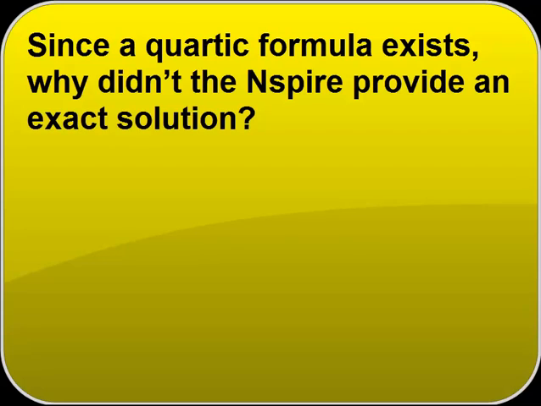So now we've found that the Nspire's computer algebra system has probably encountered a quartic equation along the way, and we know that the quartic equation has a quartic formula which provides exact solutions, we are wondering why the Nspire does not provide exact solutions. Well, looks like it's time to explore the quartic formula.